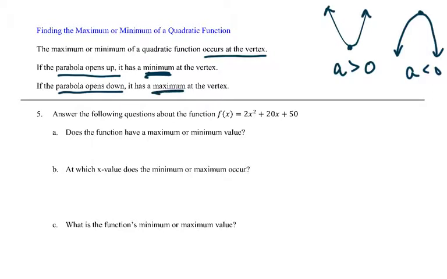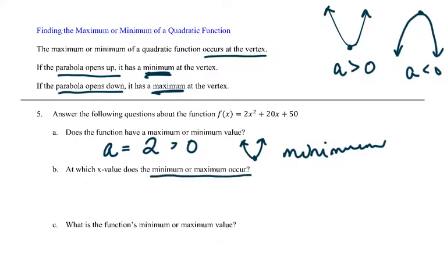So we can answer the following questions about the function f of x equals 2x² plus 20x plus 50. Does this function have a maximum or minimum value? Well, our a is equal to 2, which is greater than 0, so it opens upwards, and so it has a minimum value. Okay, at what x value does the minimum or maximum occur?